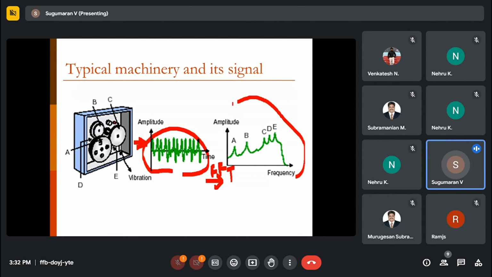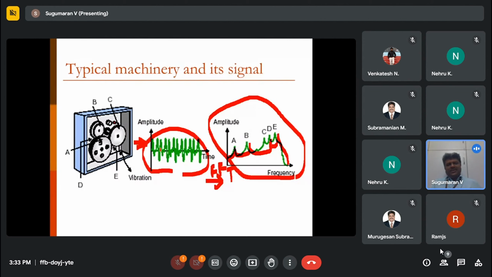That means the x-axis is frequency, the y-axis is amplitude. So whenever you have this kind of frequency versus amplitude, you call it a spectrum, and that's a frequency response. Now here certain things are not visible. Simply some green color signal is there, whereas we'll remove all markings.